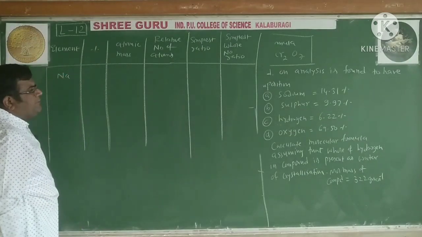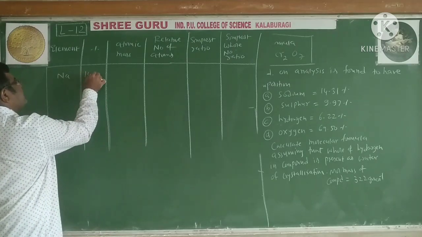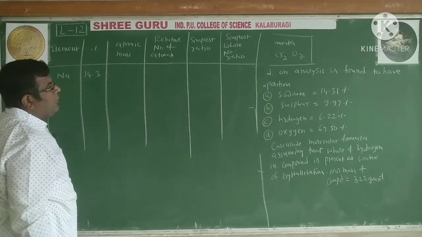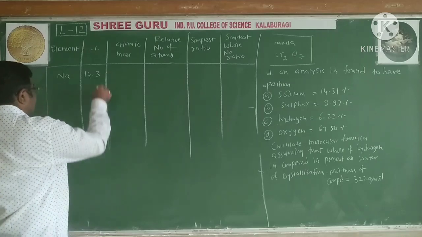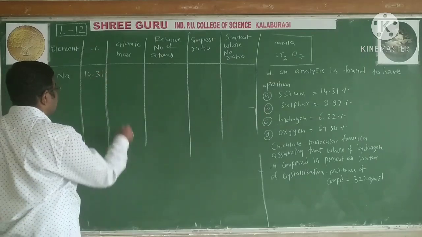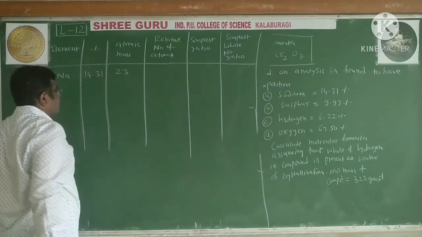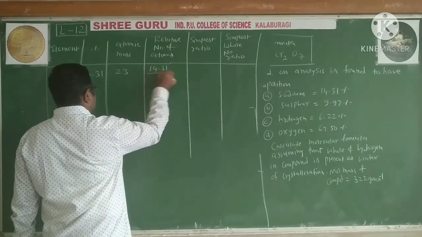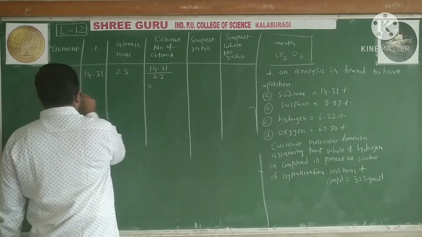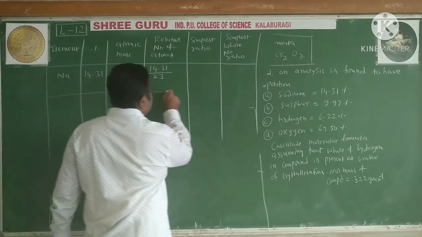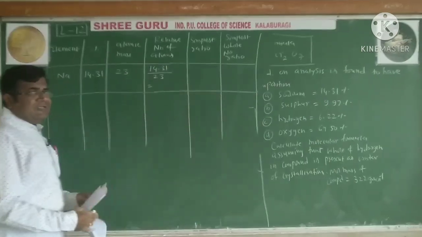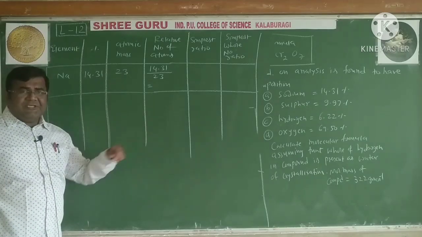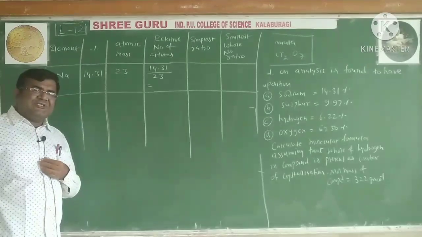First is sodium. Percentage is 24.31. Atomic mass is 23. So 24.31 divided by 23. This atomic mass of sodium, 23, will be given in brackets if the question comes in an examination.